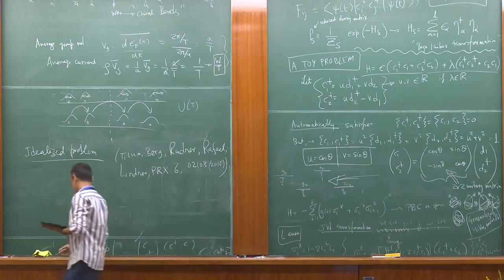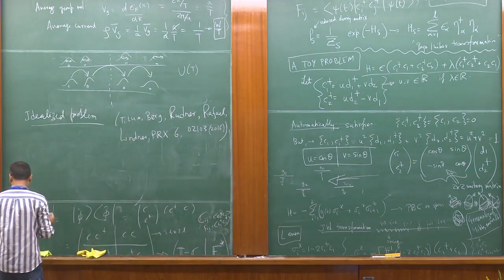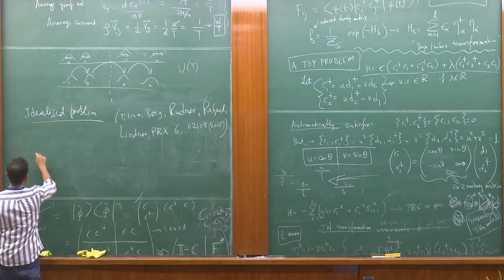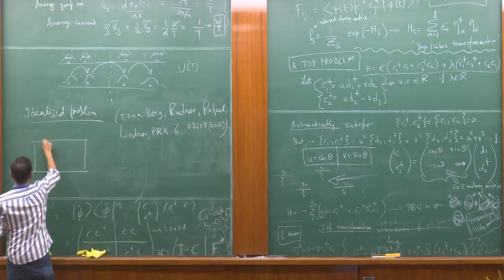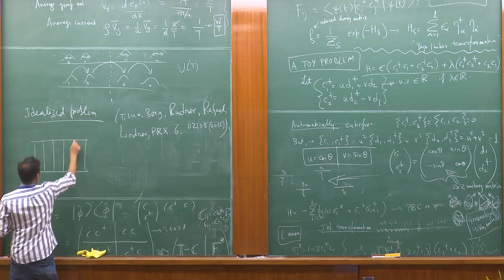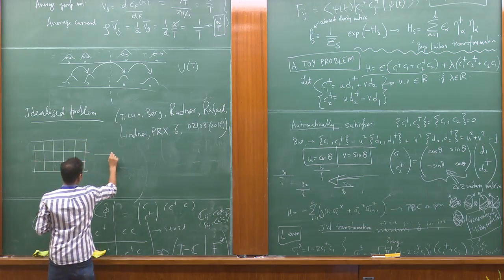You can look at the details here, but let me define the problem for you. I'll define a particular Floquet problem and you'll see what's happening. 1, 2, 3, 4. I have to just draw 4 pictures carefully.